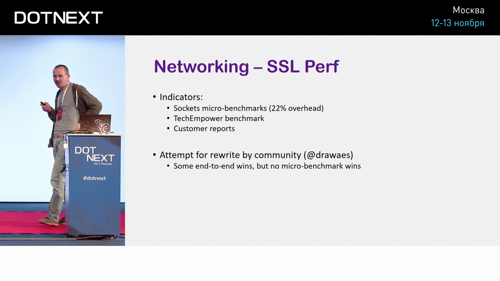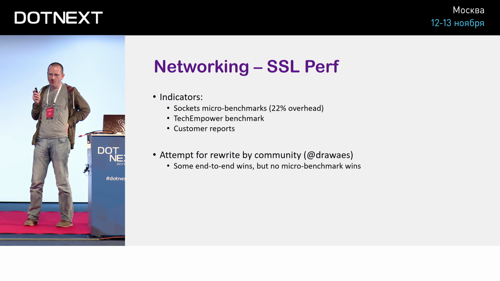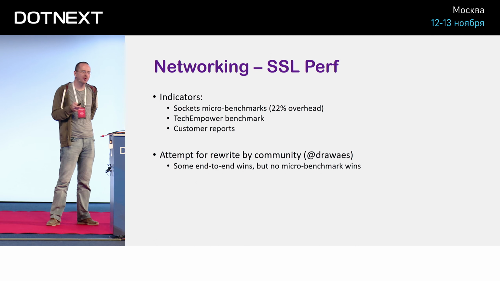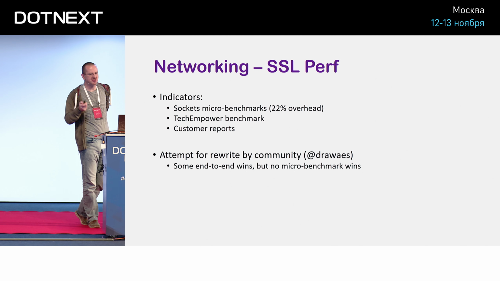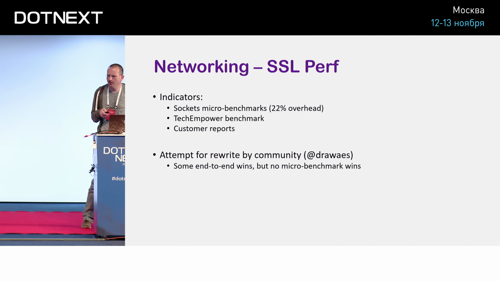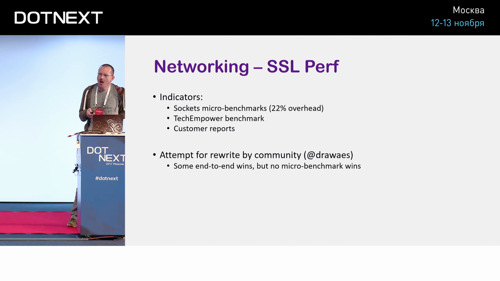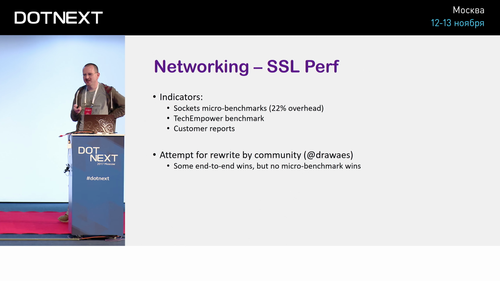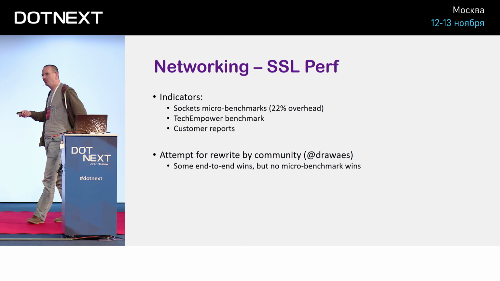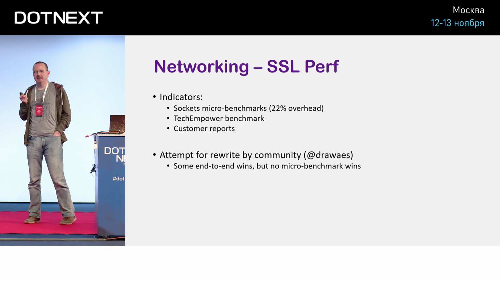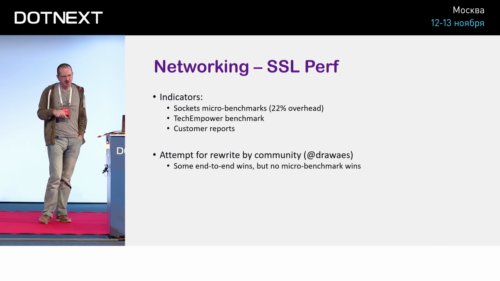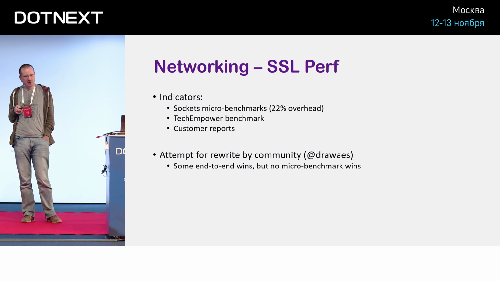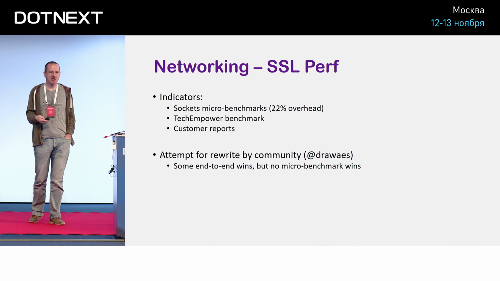We already attempted to work on that. There was an attempt from the community during the summer. Tim Seaward and Ben Adams helped a little bit, at least with measurements of the SSL stream. What's interesting, and I'm calling it out here, is that unfortunately it didn't pay off, and we didn't take it. It showed some end-to-end wins on Kestrel scenarios, but when we ran the micro benchmark for the SSL stream, there was basically no change.